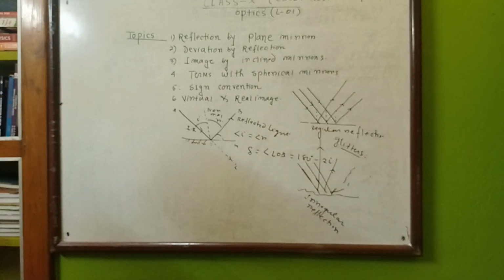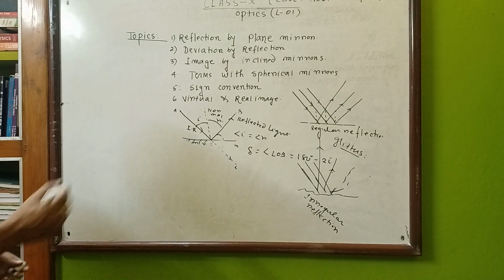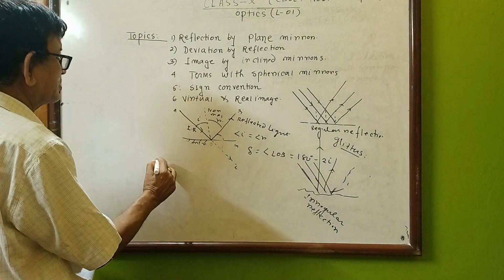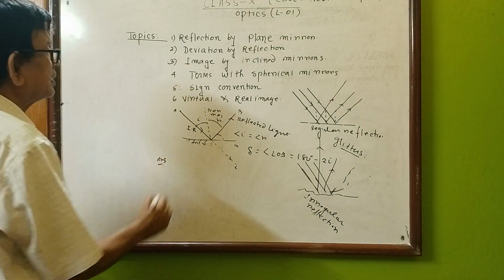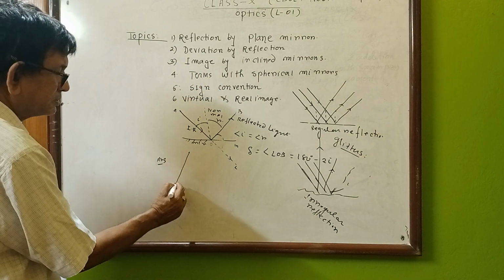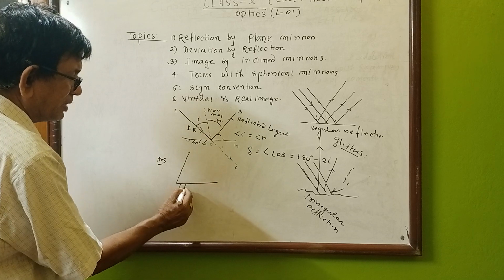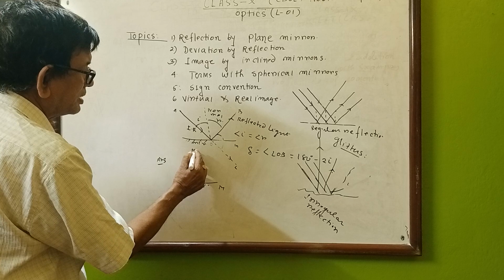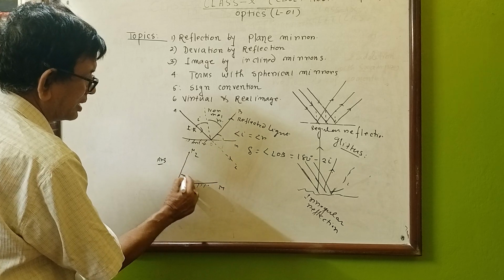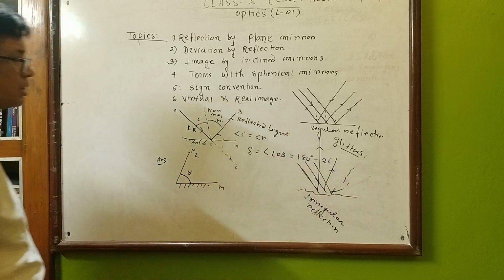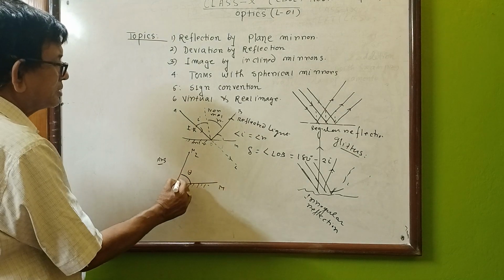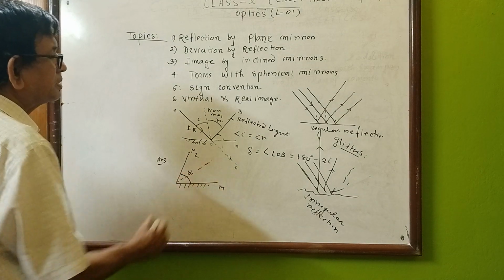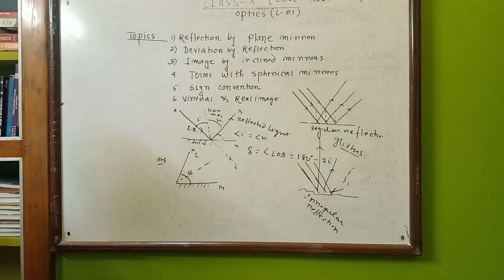Now after that I shall tell you about image formation. Answer number 3. Now two plane mirrors, suppose M1 and M2, inclined at angle theta. If you put an object in between these two, how many images are we getting?